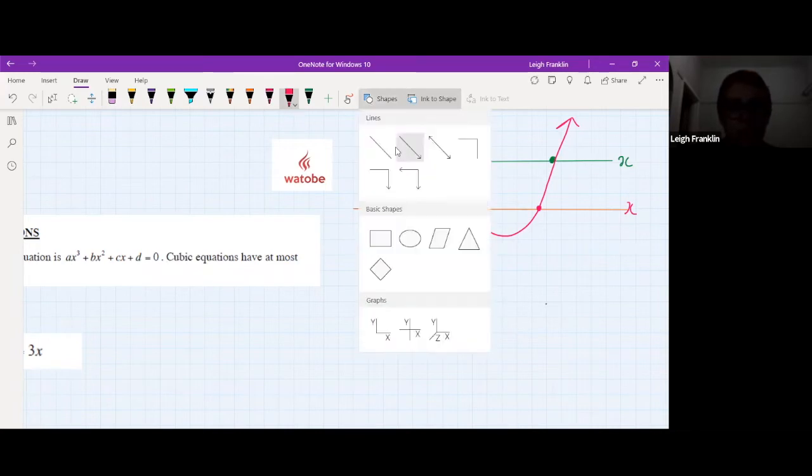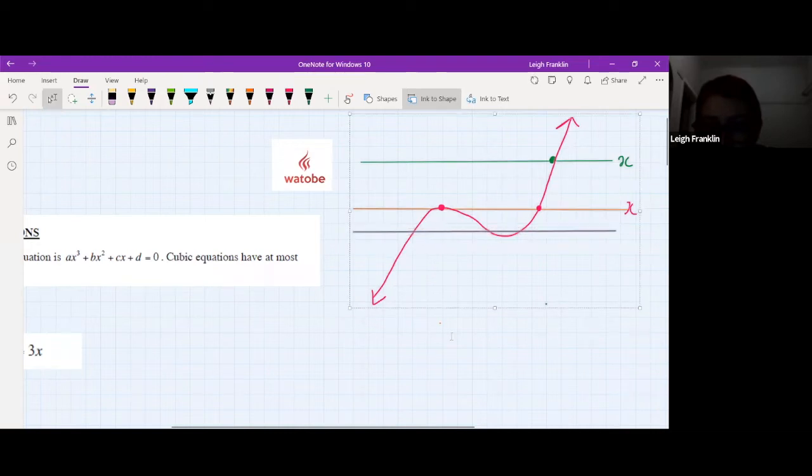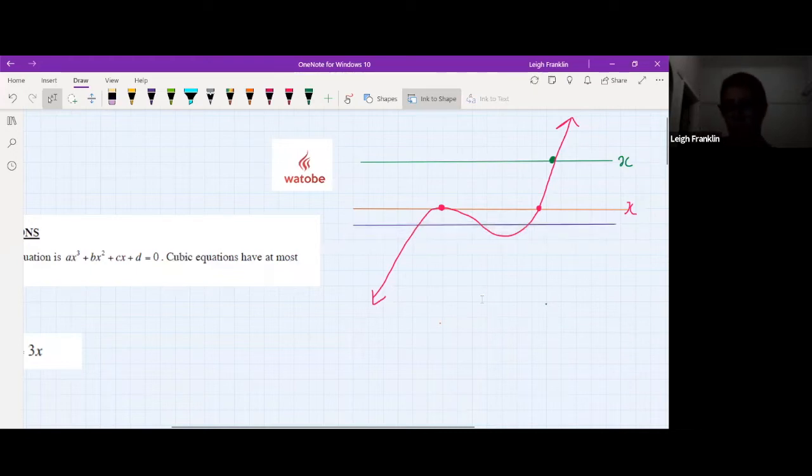Or I could have a situation like this. Let's draw another line. We'll take purple. It's going to have to look like that, I guess. Let's just move it up a little bit. So if my x-axis is now my purple line, how many x-intercepts do I have?